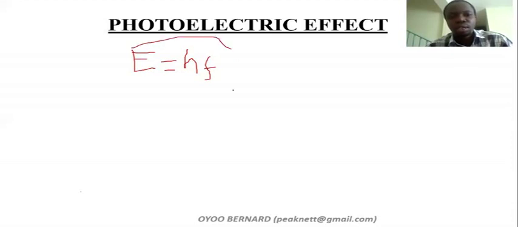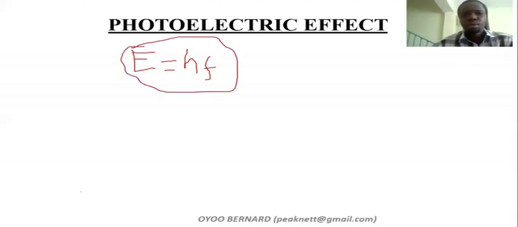I'm just about to give you more information about this. H is known as Planck's constant. We are going to meet these later on. So I'm just introducing you, but we're going to have a lengthy discussion of H and F. So this is for the photon.